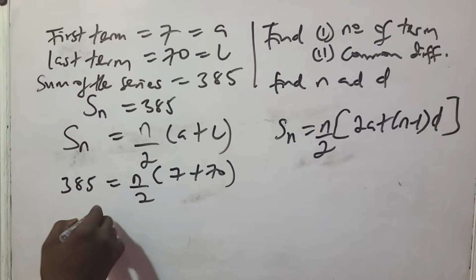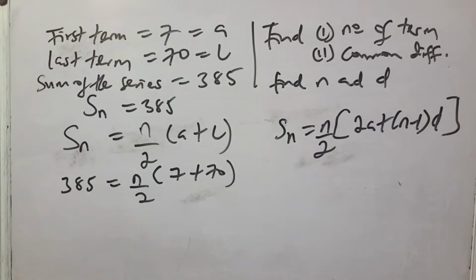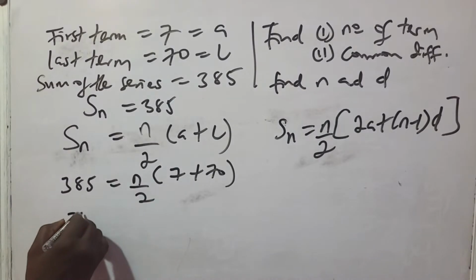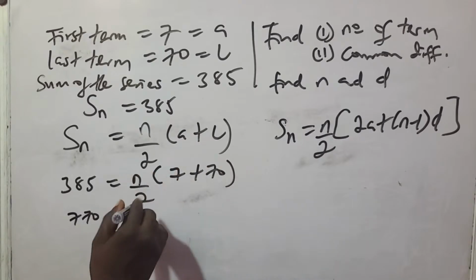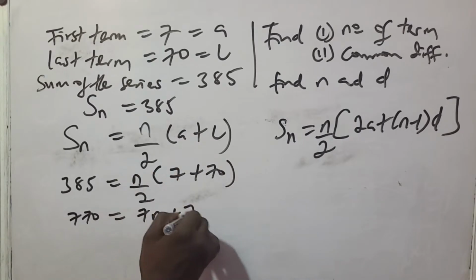So I want to go on to cross multiply immediately. 385 times 2 should give me what? Using a calculator, that should give me 770. So we have 770 equals n. Let me just open this bracket already. That will be 7n plus 70.